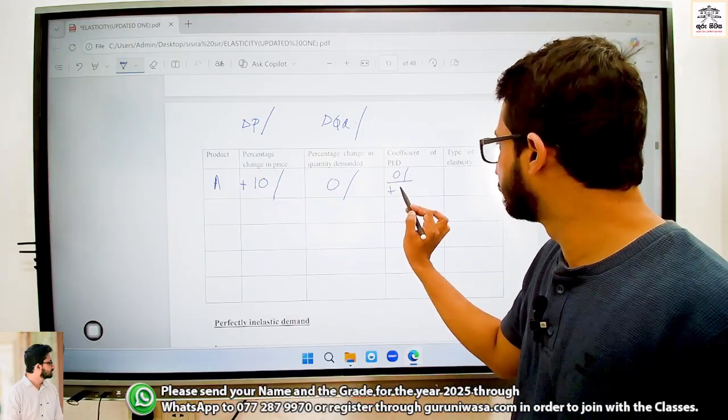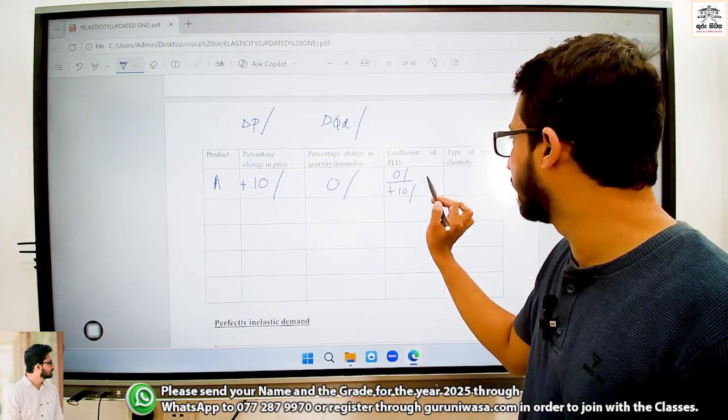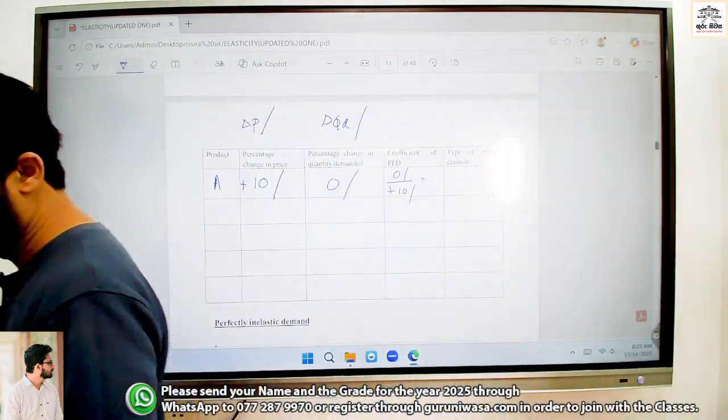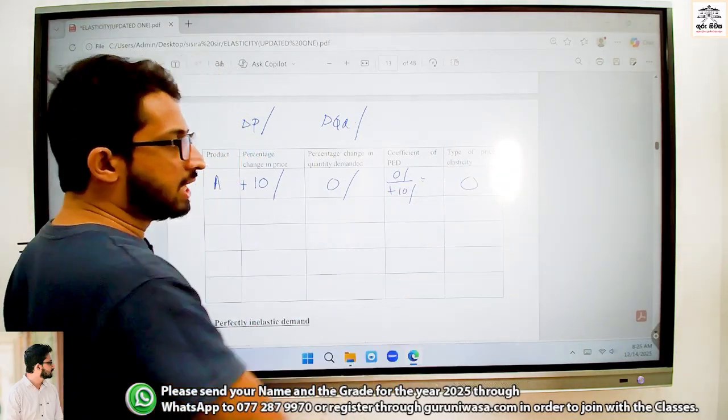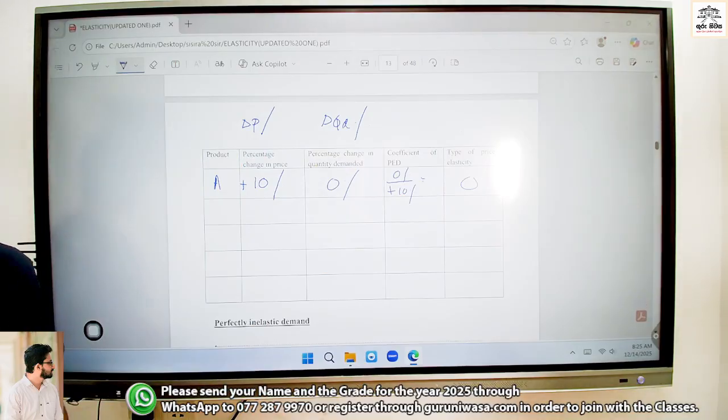How much is the value? 0 divided by 10 is 0. Then PED value of product A is 0. To which category does it belong? There are 5 categories. To which category does product A belong?